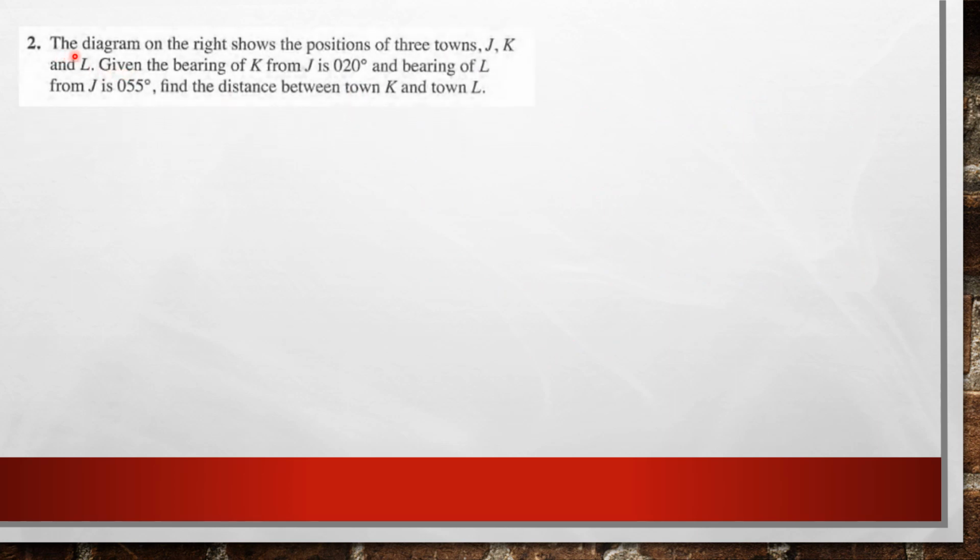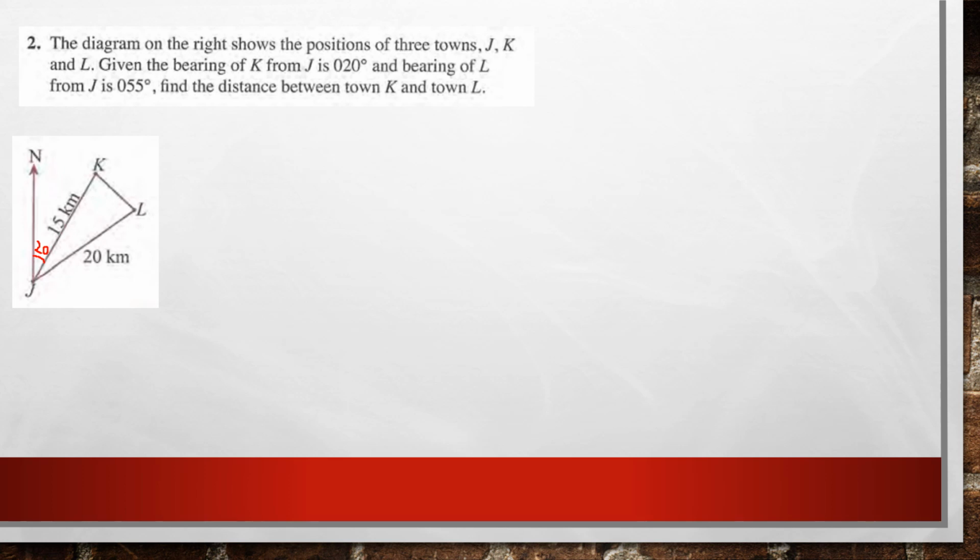Now we look at question number 2. The diagram on the right shows the positions of three towns J, K, L. Given the bearing of K from J is 20. So this is the diagram. The bearing of K from J, so the angle must be at J, and you must calculate the bearing from the north.